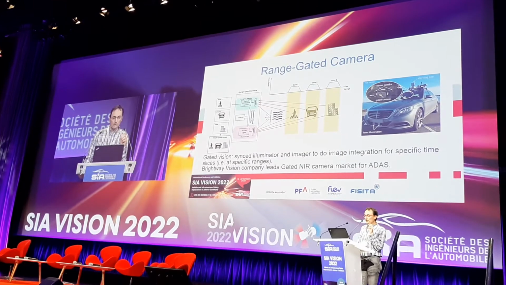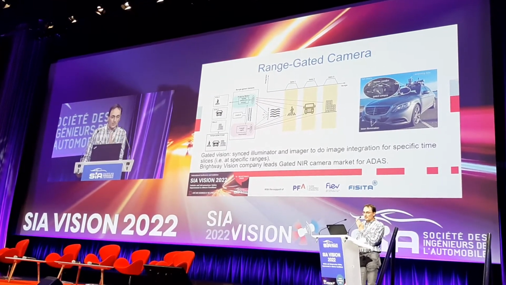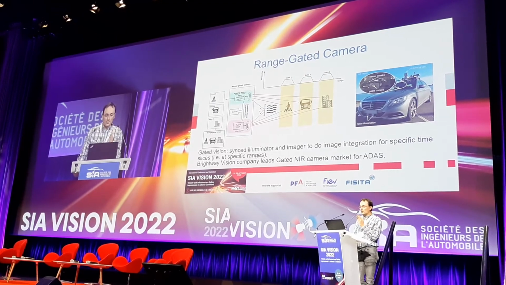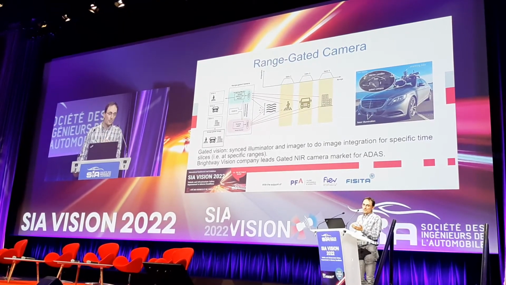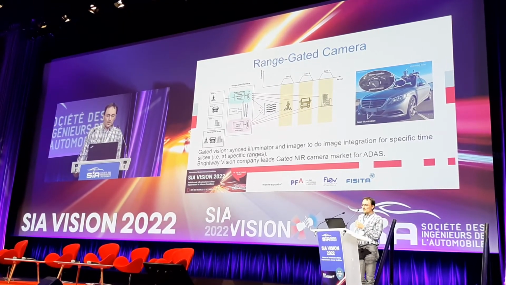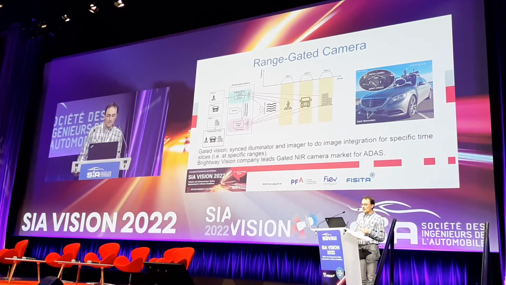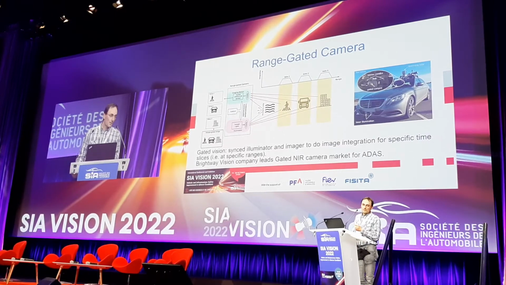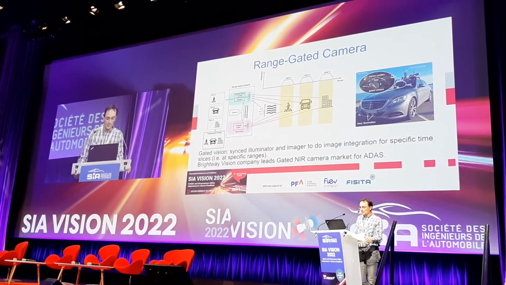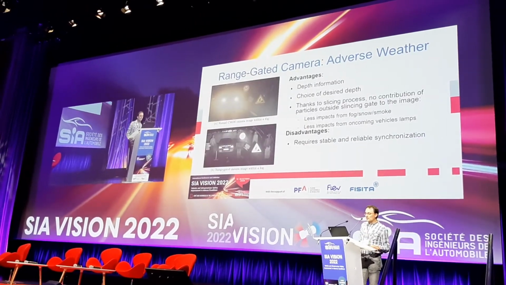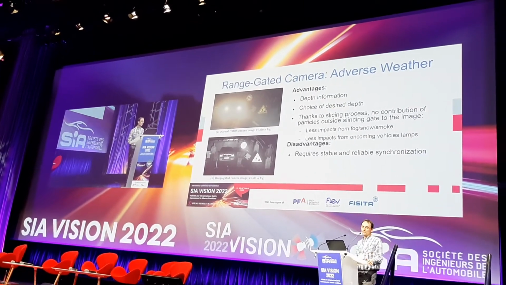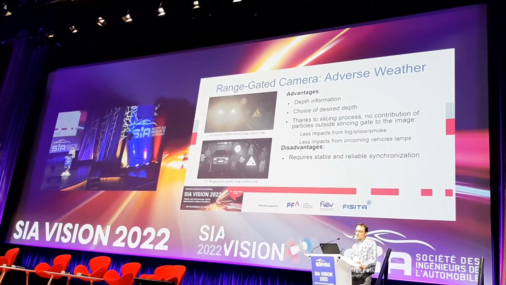So we can expose different gates at once with the same camera, and we can choose at which distance we want to see something. The big advantage is that we don't see the scattering caused by atmospheric adverse conditions. So it is the big quality of the range-gated camera: you can see through the fog and see very well after that.